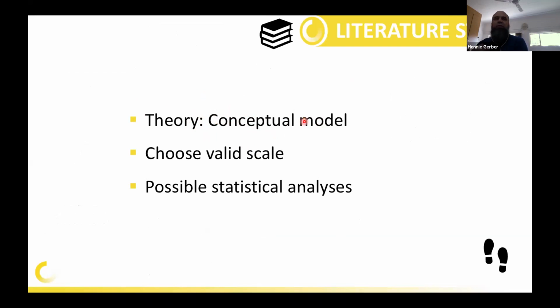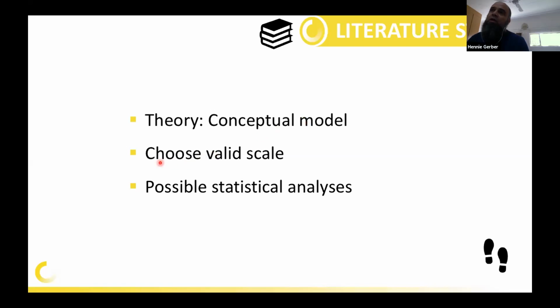Say there is a model that's already proposed like this previous one from theory. You just want to bring in one other variable like skills. That would be your model. But then in your literature study, there will already be models that you look at or theory that you need.